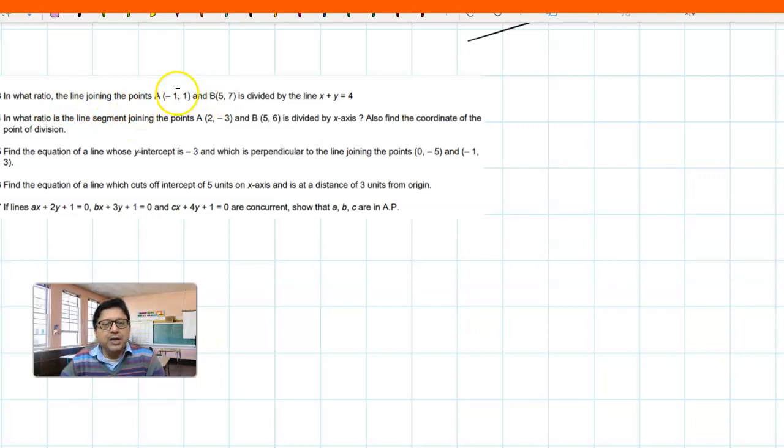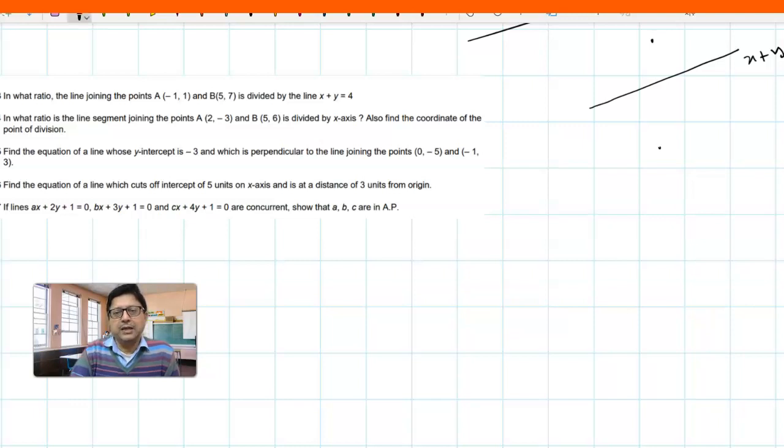I'm going to solve problem 23 in the worksheet now. In what ratio is the line joining these two points divided by the line x plus y equal to 4? So let us assume that this line is x plus y equal to 4. And these two points are A (minus 1, 1) and B (5, 7).